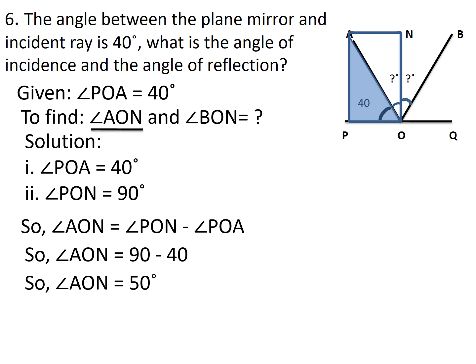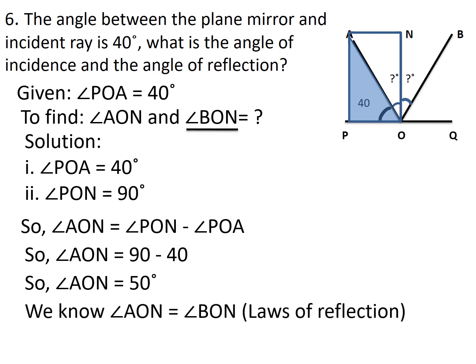AON we found out, that's correct, but we also have to find out BON. For BON, we will write AON is equal to BON because it is angle of incidence and angle of reflection, and according to the laws we know that both of them are equal. So BON is also 50 degrees. Okay, I hope this is clear.